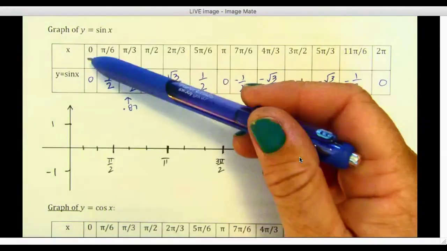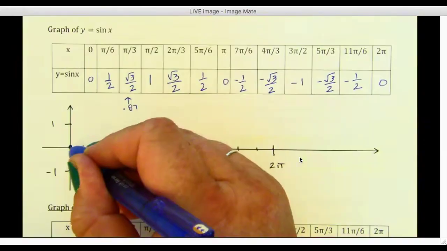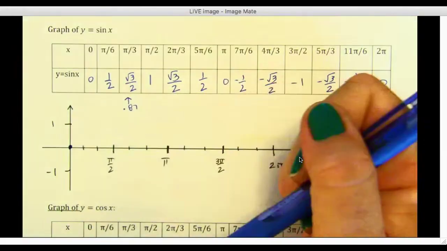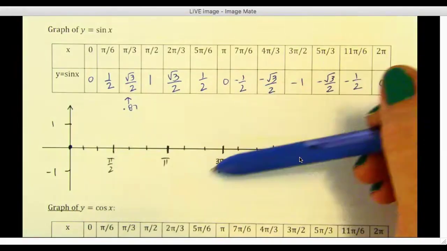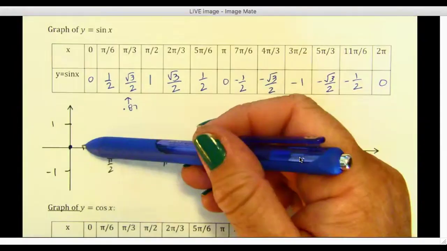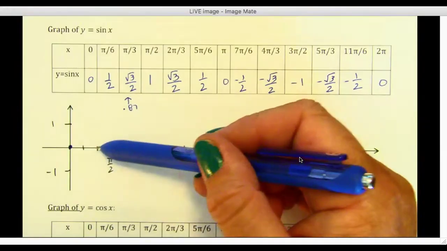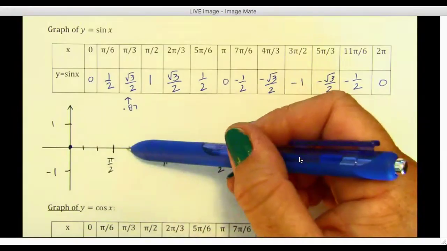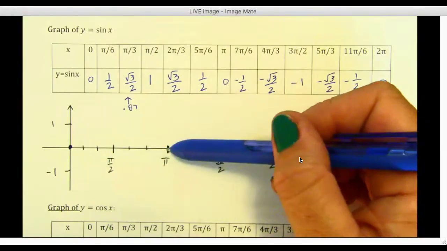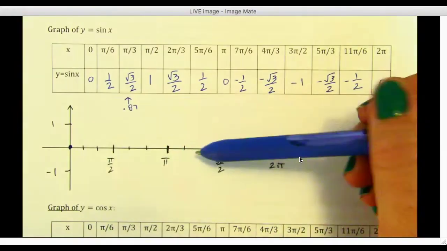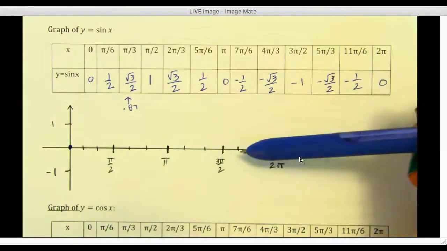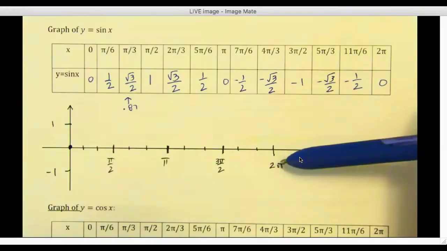So sine of 0 is 0. Sine of pi over 6, this is pi over 2, pi, 3 pi over 2, and 2 pi. And then we're counting by every 30 degrees inside of that. So pi over 6, pi over 3, pi over 2, 2 pi over 3, 5 pi over 6, pi, 7 pi over 6, 4 pi over 3, 3 pi over 2, 5 pi over 3, 11 pi over 6, 2 pi.